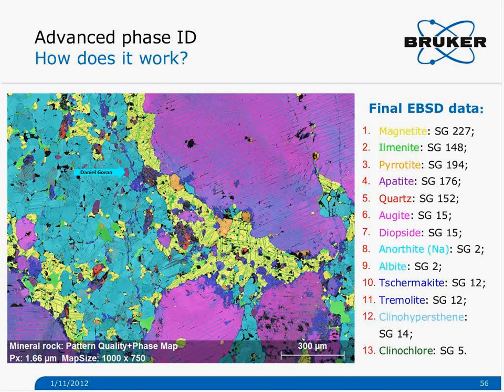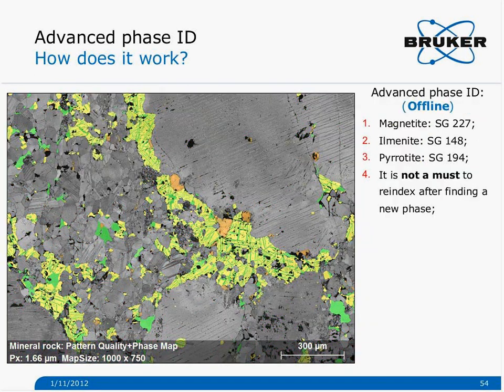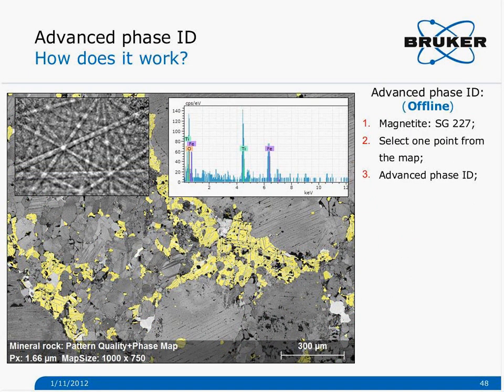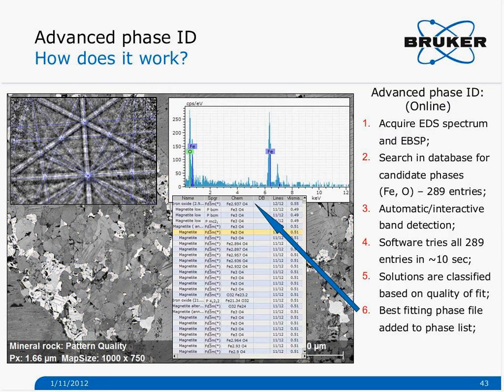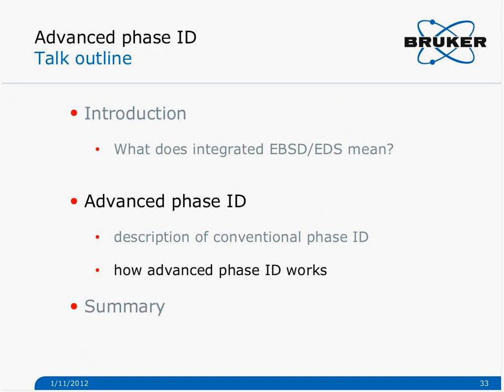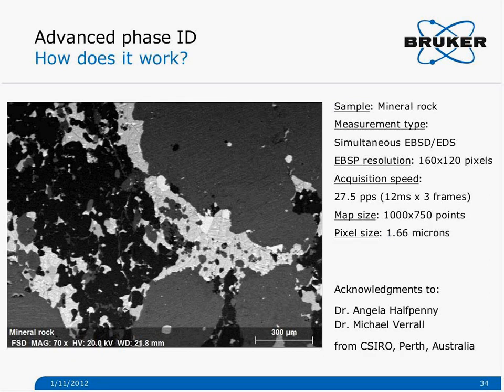Okay, thank you. Next question. What is the typical resolution mode used for acquiring this type of data, and the maximum corresponding speed achievable in this mode? So in this example, we were using a 10 by 10 binning, which is, if I go back to the slide, 160 by 120 pixels, and this was acquired with the high resolution detector.